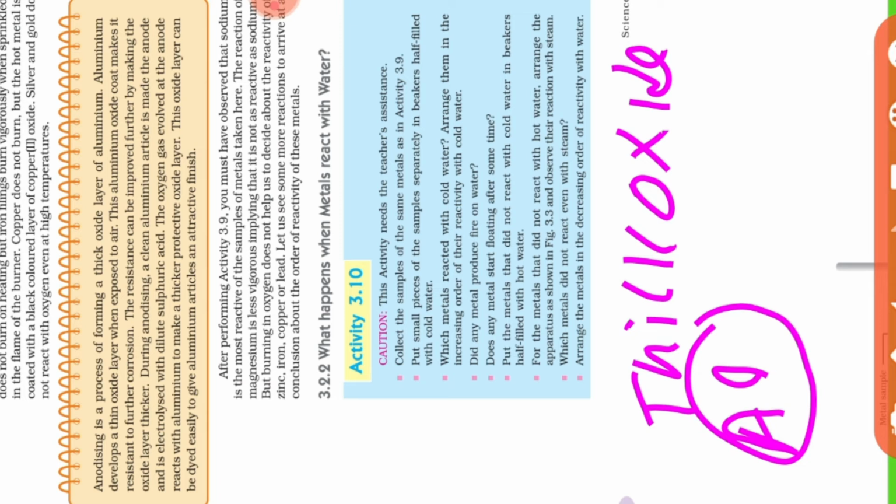So we can protect the metal from corrosion. Clear? And this resistance can be improved further by making the oxide layer thicker. When this oxide layer comes over there, the resistance becomes improved. Clear? And what is happening during the anodizing, I will tell you.